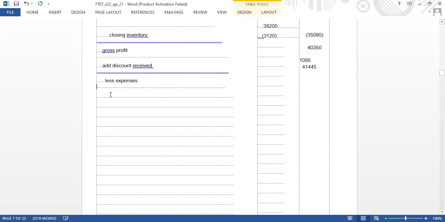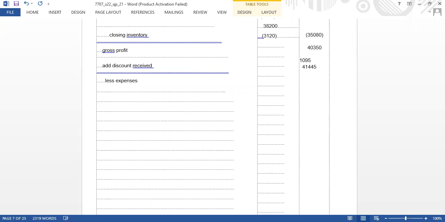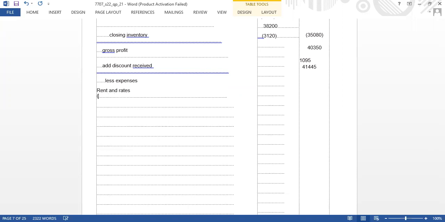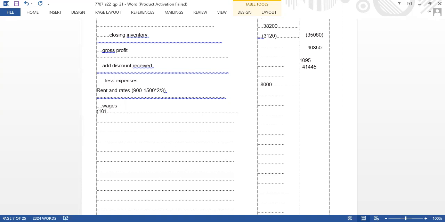Expenses are rent and rates. That will give us 8,000. Then we have wages. 10,100 plus 800.